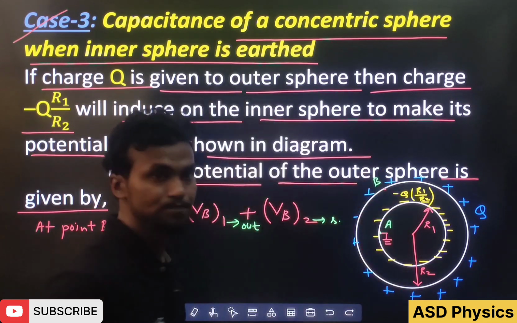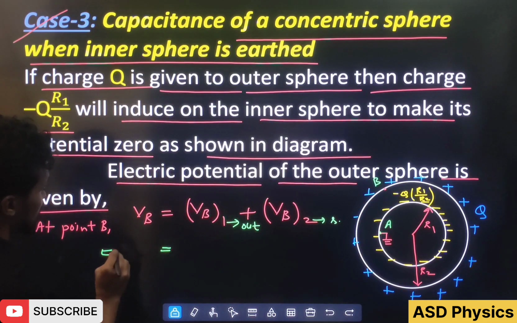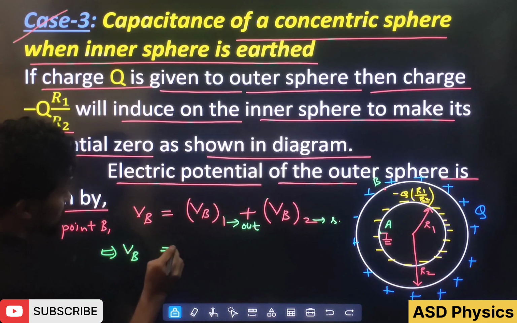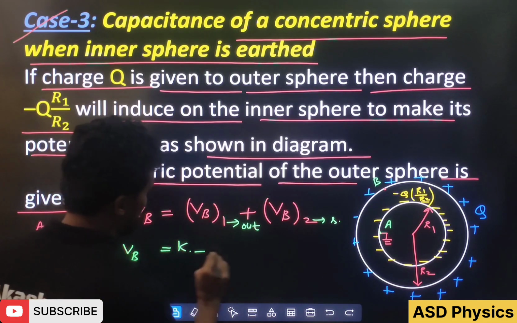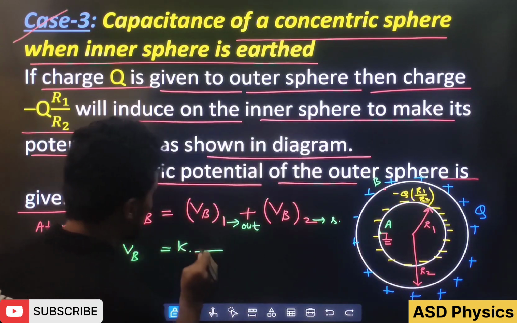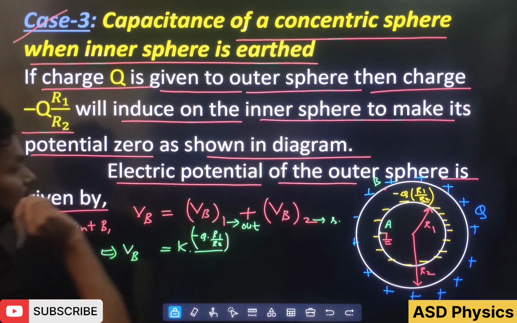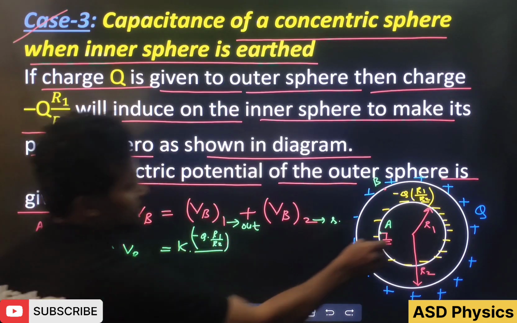On the surface. Okay, great. Now let's see this potential VB. We have to put the values very well. K. Now 1 means how much charge is there? See here, minus Q R1 by R2 charge is there.